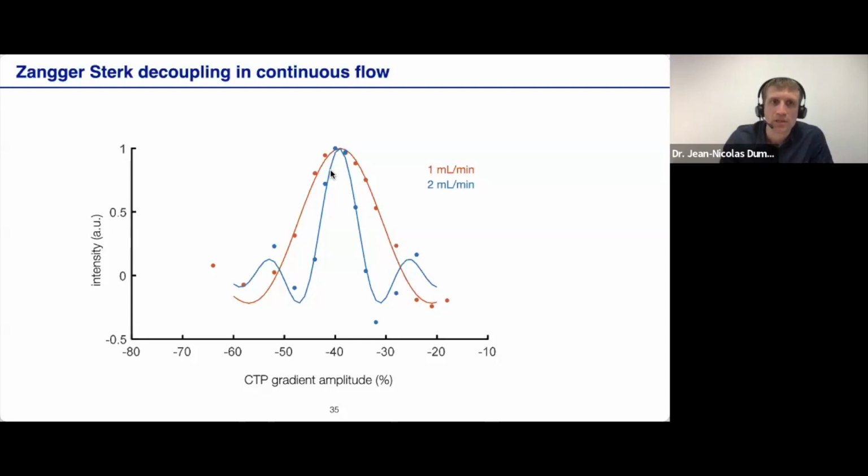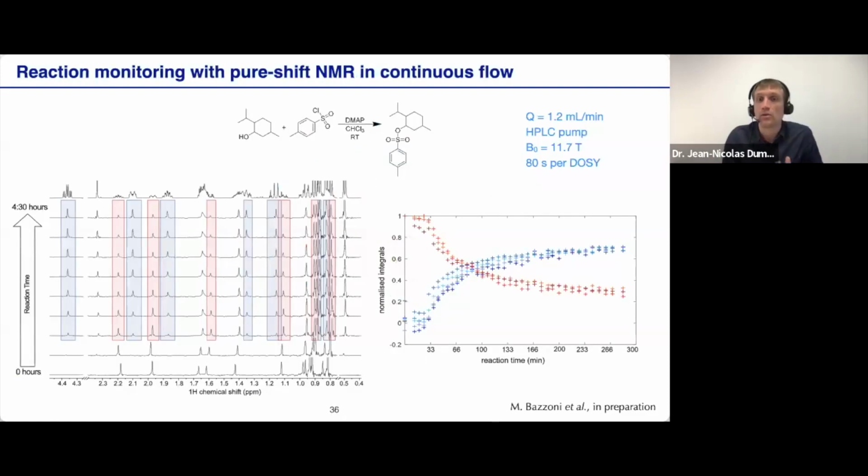But this convection compensated, this velocity compensation approach also applies to the case of a continuously flowing sample. And that also opens nice opportunities for reaction monitoring applications in cases where overlap would make it difficult or impossible to integrate selected peaks for some samples.